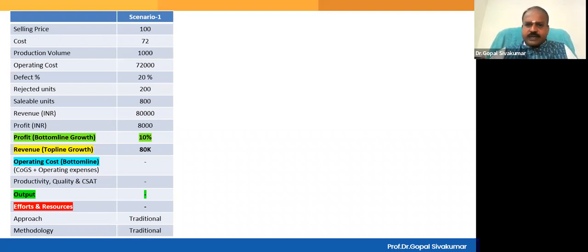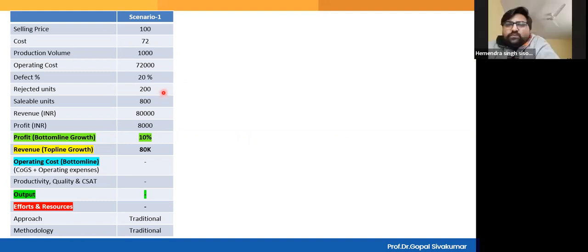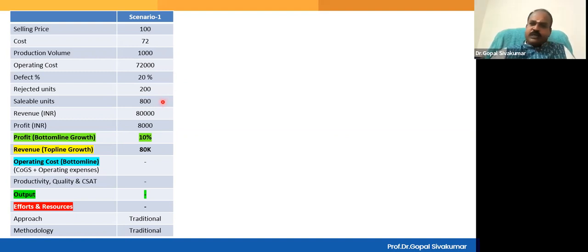So they get rejected either internally or externally. So defect rate is 20%, which means when you produce 1,000 units, how many units will get rejected? 200 units are getting rejected. So the saleable units are only 800.